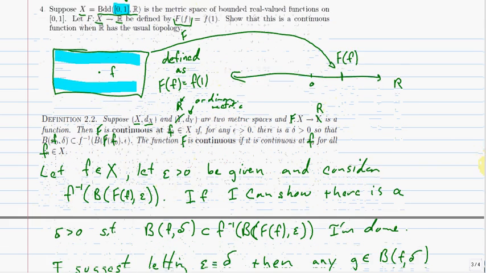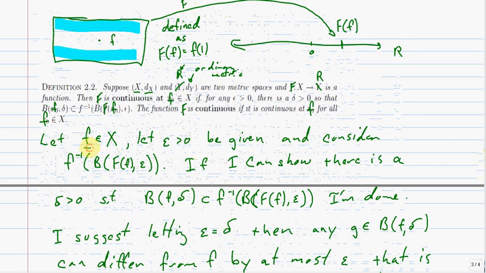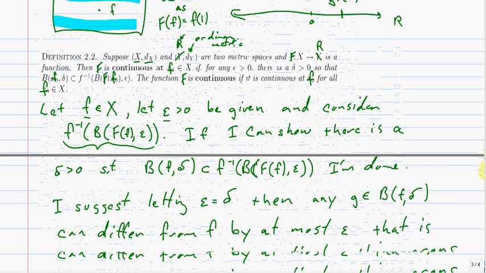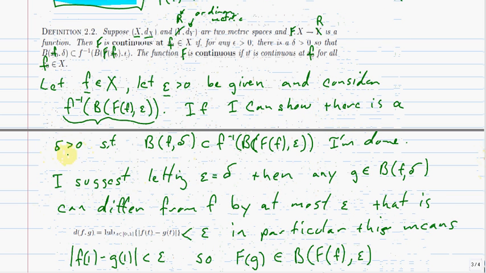So we're going to pick an arbitrary point in X. We're going to let epsilon greater than 0 be given. And we're going to consider this thing. We have to show that that thing contains an open ball. That's equivalent to saying if I can find a delta greater than 0 such that this open ball is contained in this pre-image, I'm done.